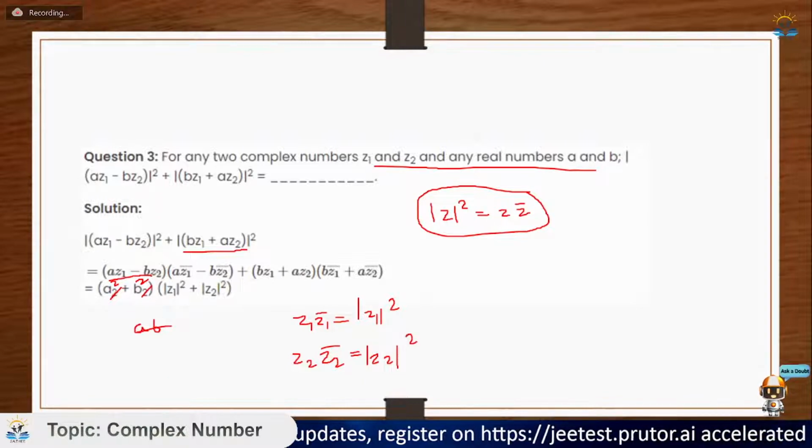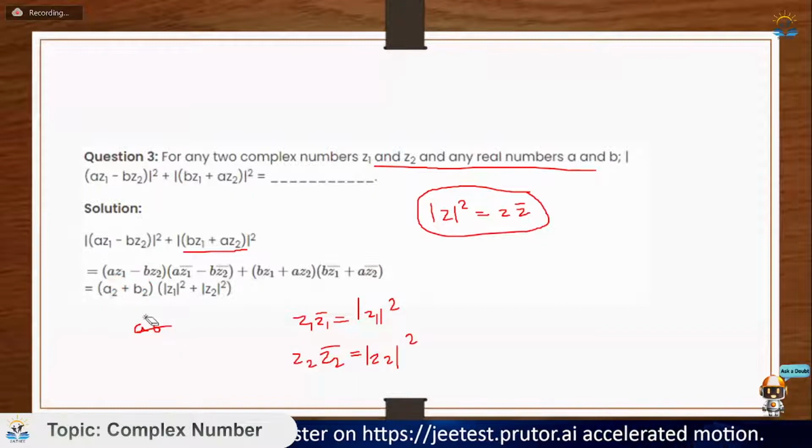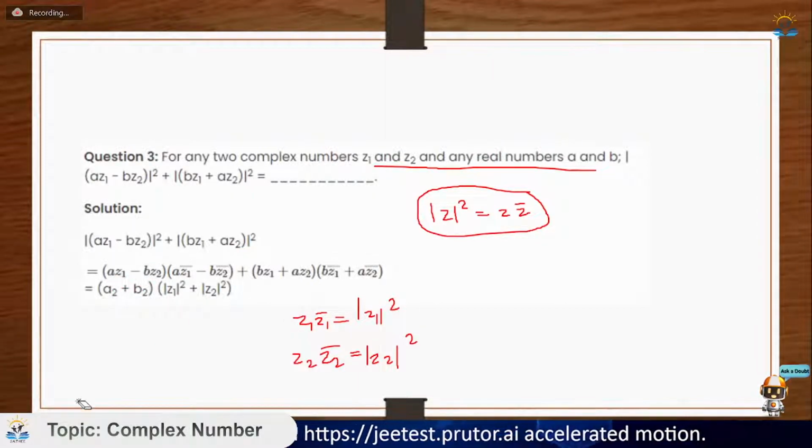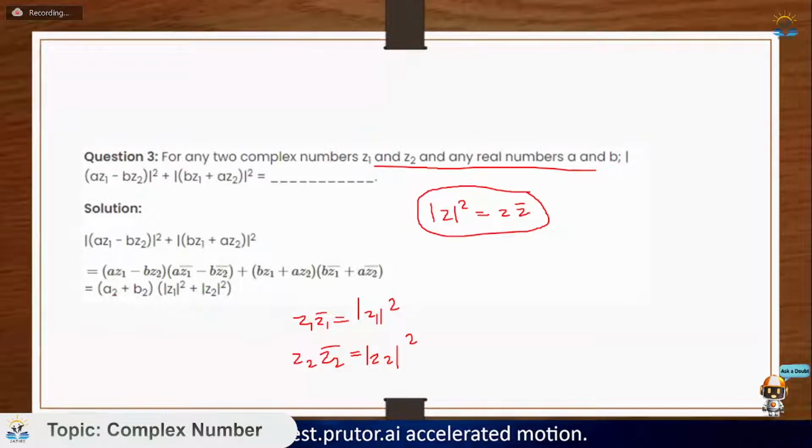So from there you can calculate this expression. So this was question number 3.